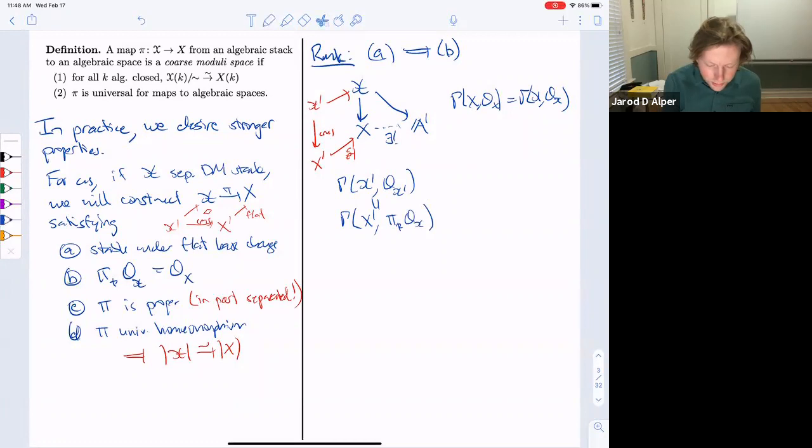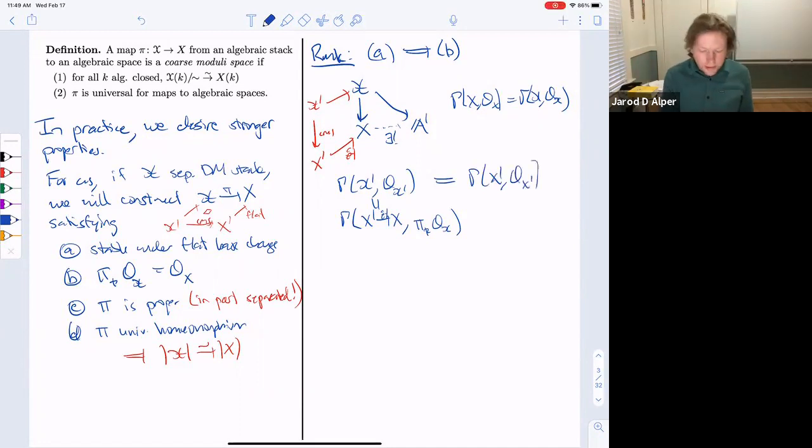Or maybe I should really write, this is the push forward in the étale topology, so this is evaluating at this étale map. And on the other hand, this is equal to X prime OX prime. And this is exactly the statement that the natural map OX is an isomorphism of sheaves.